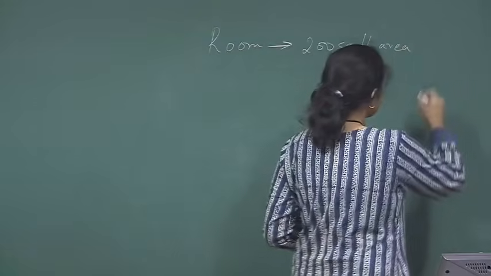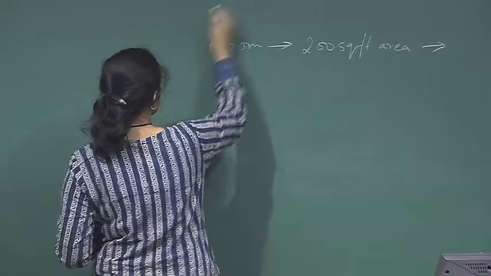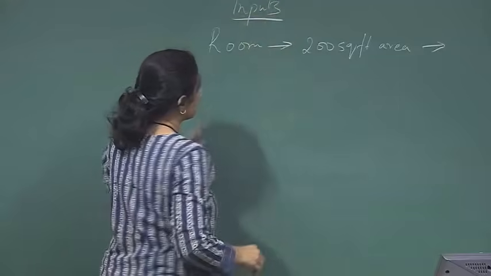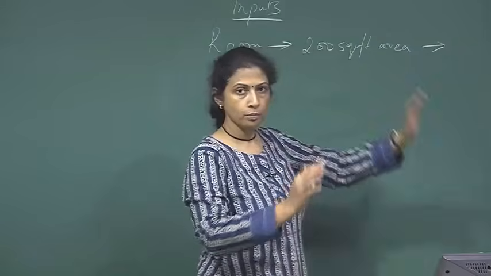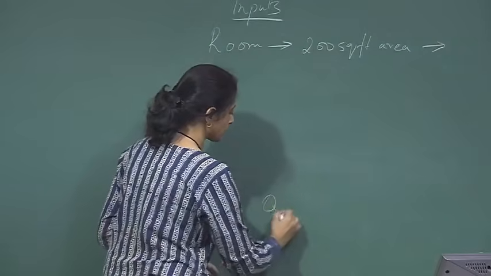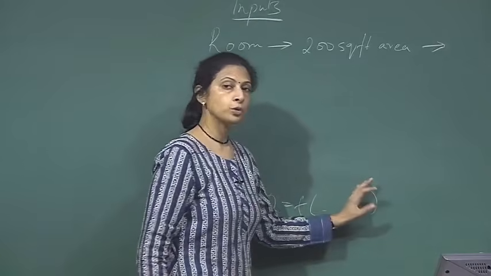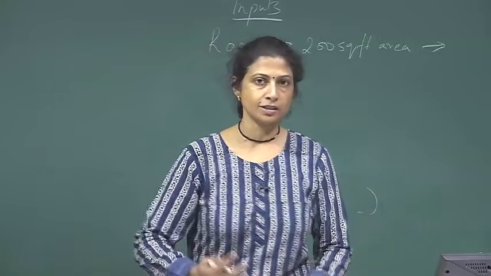So this is one input. So these are the inputs. There is a room, and every input has a cost. When we wrote the production function in the first place, Q is a function of all these inputs, and every input has a cost, and that cost is what is of concern.